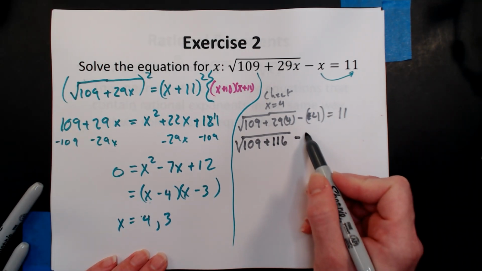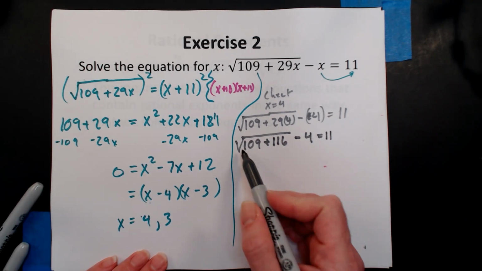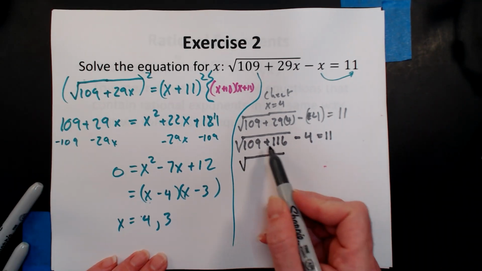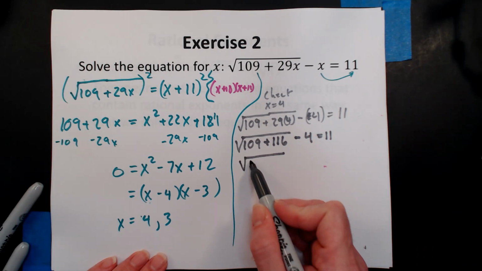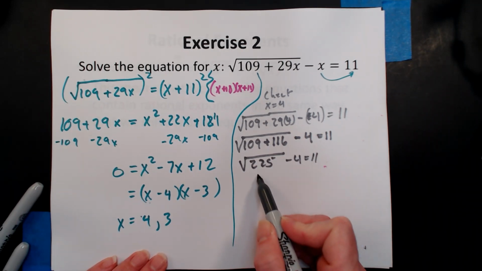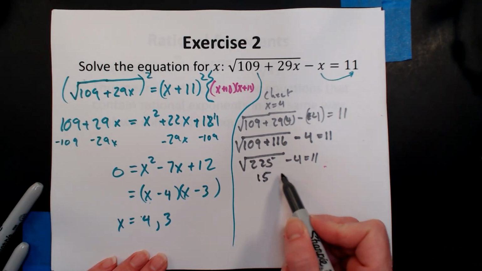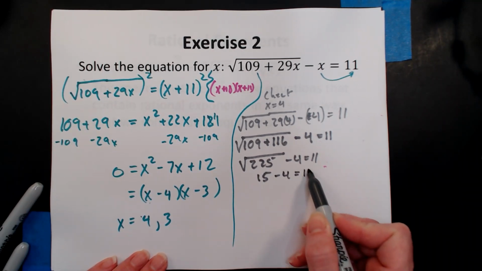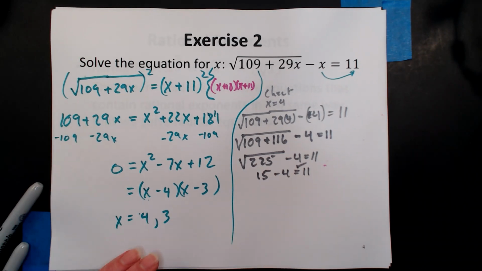So that's the square root of 109 plus 116, which is 225, minus 4 equals 11. The square root of 225 is 15, and 15 minus 4 is 11. That checks out. Then we have to check the next one.